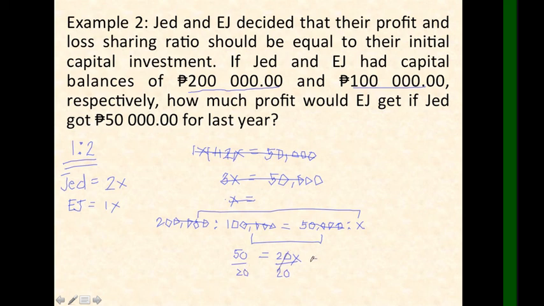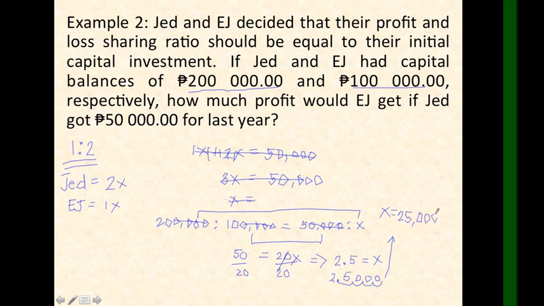Cancel. So, 50 divided by 20 is 2.5 equals X. And then, yung 4 na zero na kinuha natin, ilalagay natin ulit dito. So, mag-move tayo ng 4 zeros sa 2.5. So, we have 1, 2, 3, 4. Ay, 4 zeros, I mean. So, we have an answer of X equals 25,000.